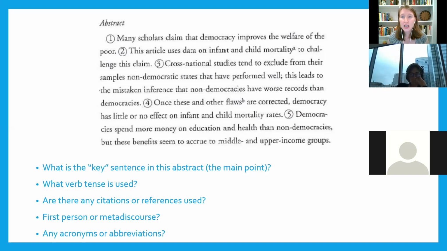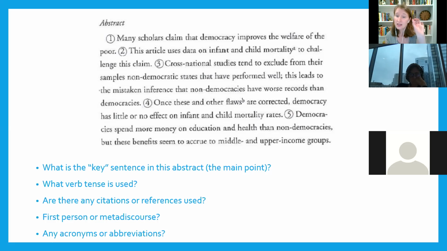You know what? Actually, I should highlight this. Great answer here from Penny. So it looks like we have, and I should have noted this, you can see there's a little superscript next to mortality and next to flaws in sentences 2 and 4. Those seemed like they would point to a citation.